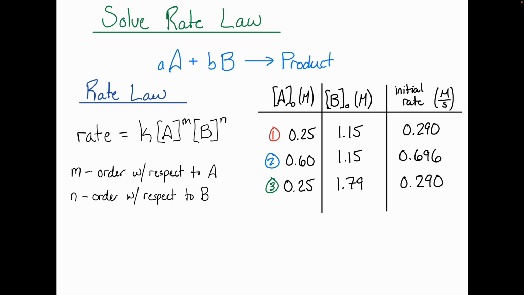And the sum of those two orders, m plus n, we call that the overall order of our reaction.